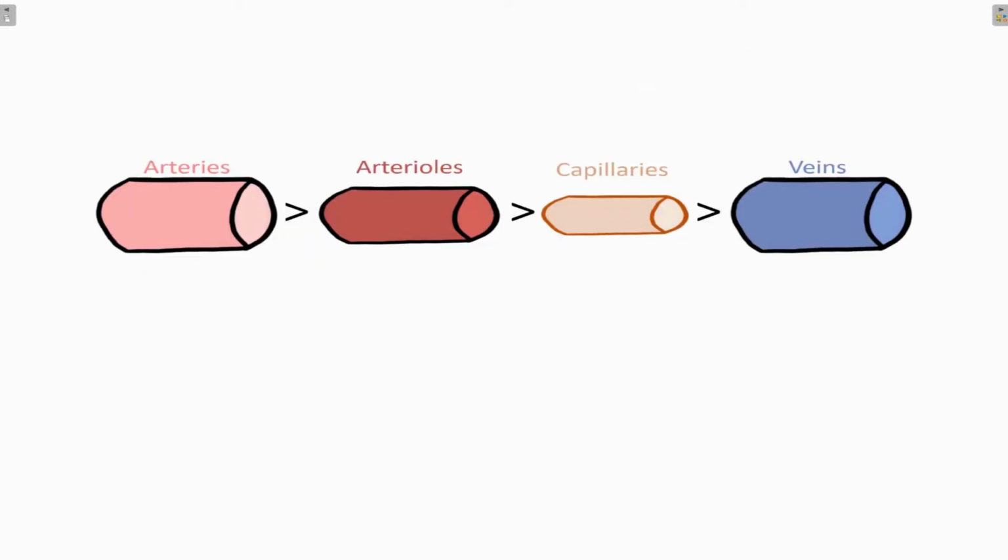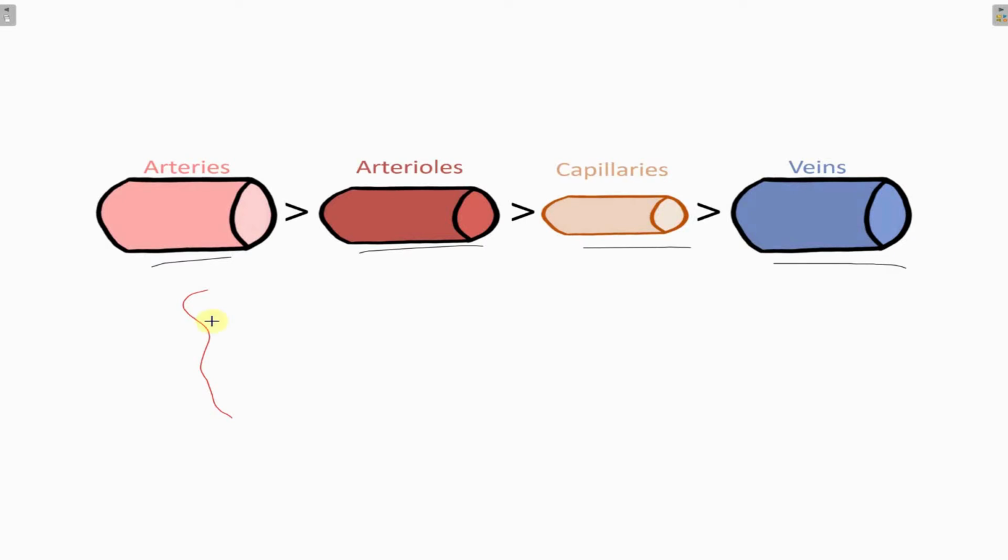First of all, we need a backdrop on some of the blood vessels and the nature of them in our body. So we've got arteries, arterioles, capillaries and veins. I'll quickly draw the network for you. Normally you start with arteries. Arteries pump blood away from the heart, and they have high pressure because the heart has to pump blood all the way to the rest of the body.